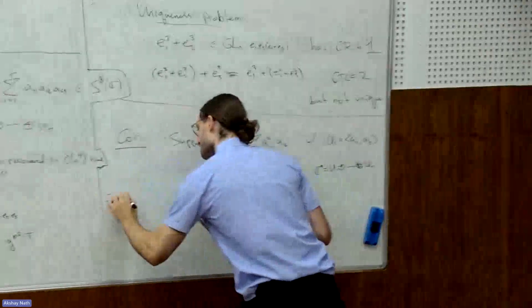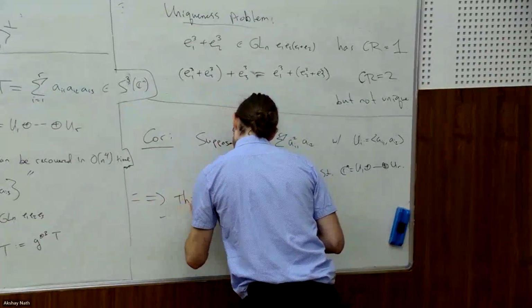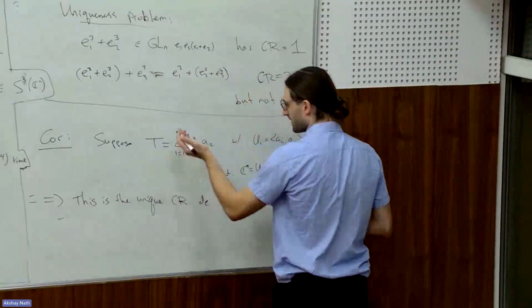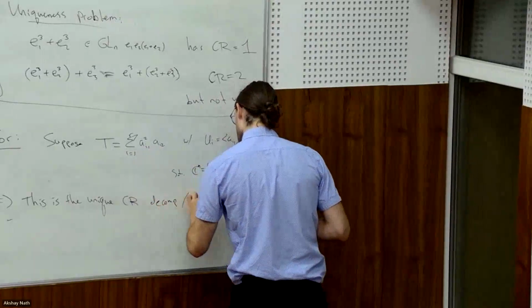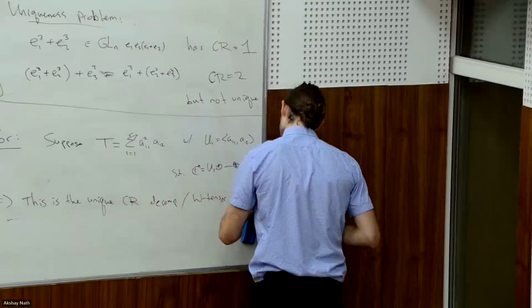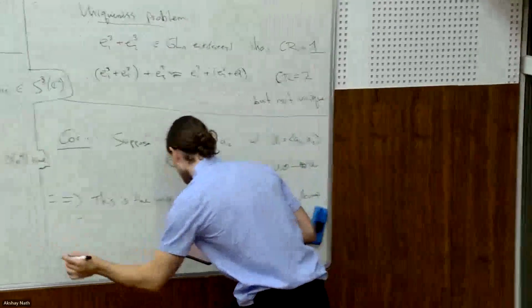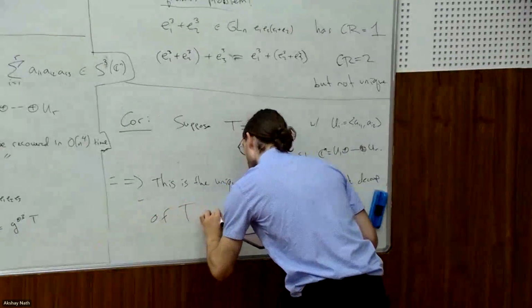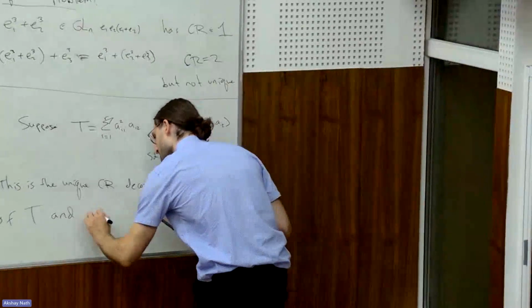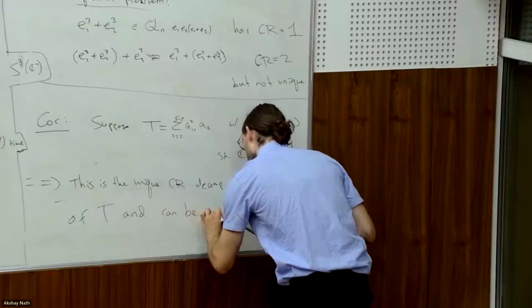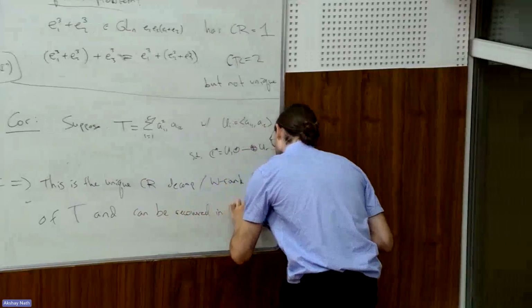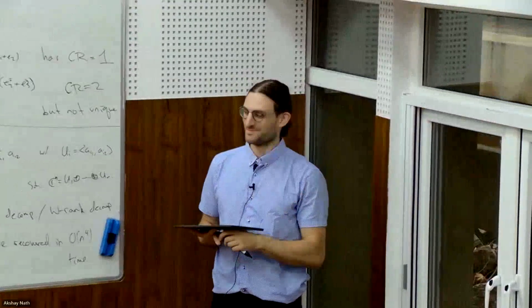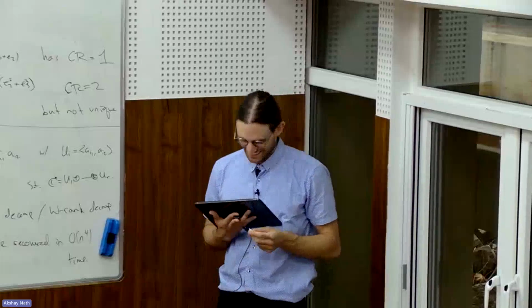So then you get that this is the unique Chow rank decomposition, or W tensor decomposition, or maybe I call it W rank of T, and it can be recovered in order n to the 4th. So that's all I have for you. Thanks.